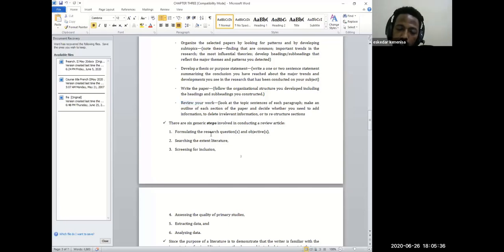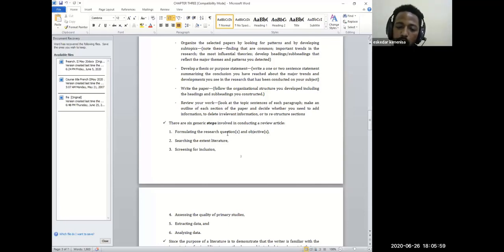The first one is to formulate the research question. We have said that you have to simplify and narrow down the research questions and the objectives, because the research question and the objectives are, in one way or the other, connected.